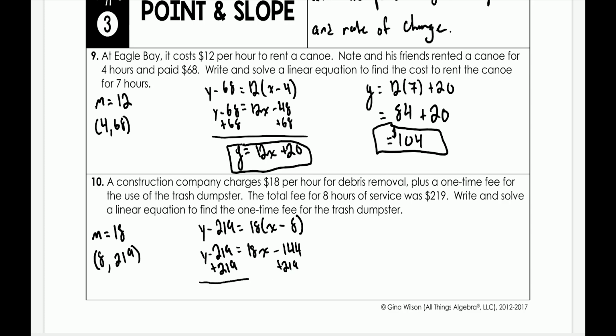And we're left with y is equal to 18x plus 75. So remember that x relates to the number of hours. So if we're trying to discover how much the one-time fee would be, we could just say, well, how much is it for 0 hours of work? So we're going to change x into 0.